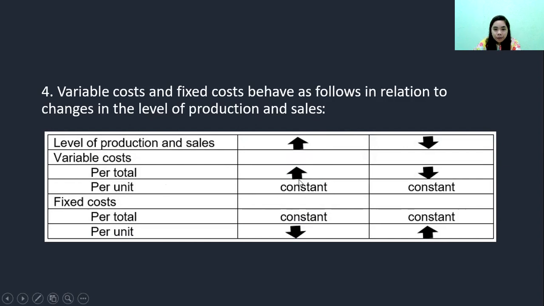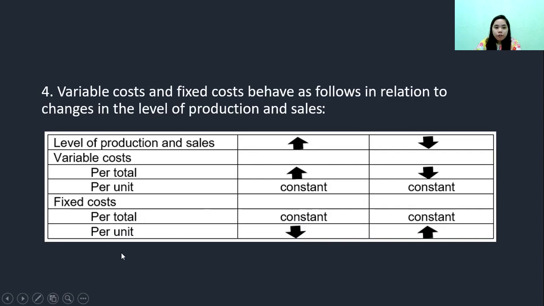It is still the same, no? Ang price ni direct materials, ni direct labor, it will not change regardless you increase or decrease your production, no? That's your variable cost per unit. Well, under fixed cost, when you increase your level of productions and sales per total, it does not change as long as you are producing and selling within the relevant range.